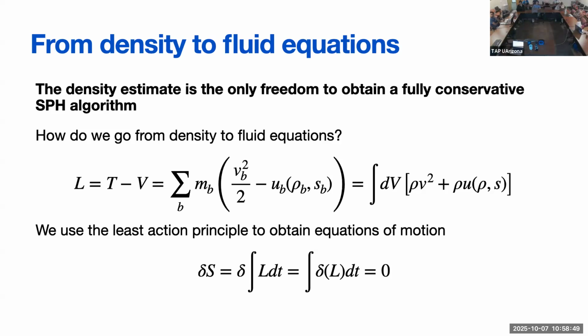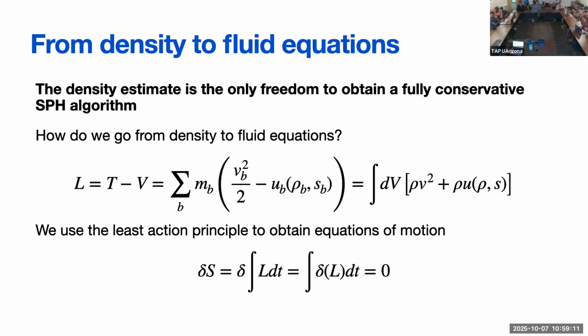That's why I spent some time showing you exactly how we compute the density, because this smoothed summation over neighboring particles will be the only degree of freedom we have when we want to write a conservative algorithm. And so the idea is that we want to go from this density estimate to the fluid equations.